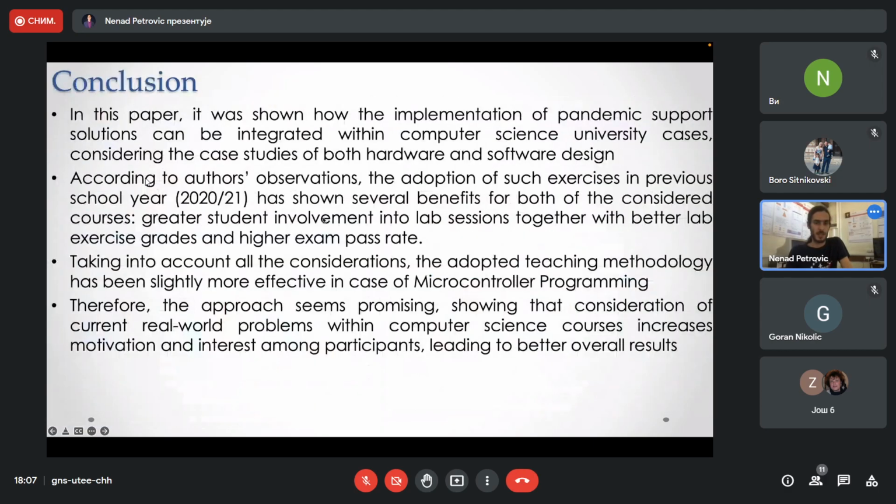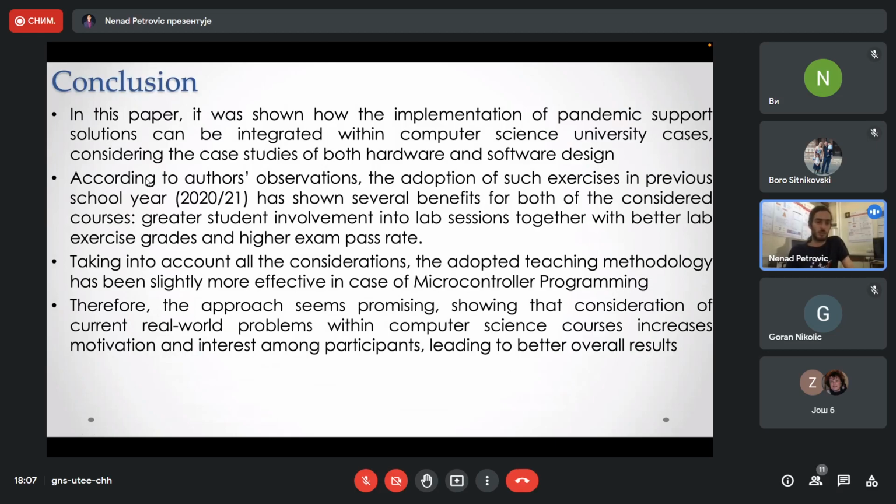One of them was this exercise. And in this paper, it was shown that adoption of such exercises on pandemic topics motivates students to be more active in both lab sessions and other additional activities, and also leads to a slightly higher exam pass rate as a consequence.